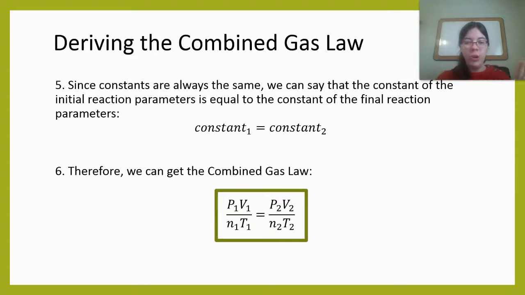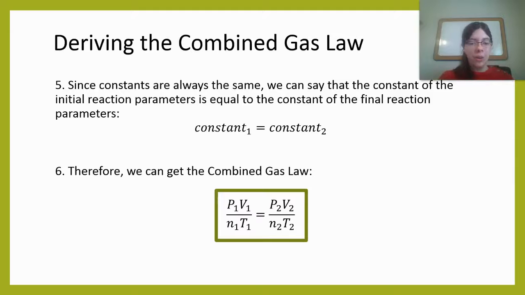Okay, so if I've lost you so far, do not worry. It's okay if you completely gloss over everything that I've talked about so far. But that green box, everything inside, that's what I want you to take away from this. So P1 times V1 over N1 times T1 equals P2 times V2 over N2 times T2. So just like before, the ones are the initial values, the twos are the final values.